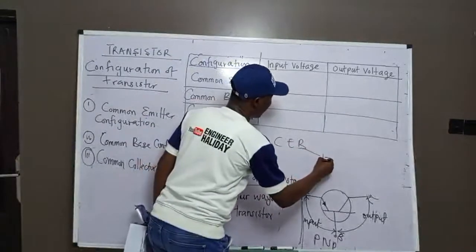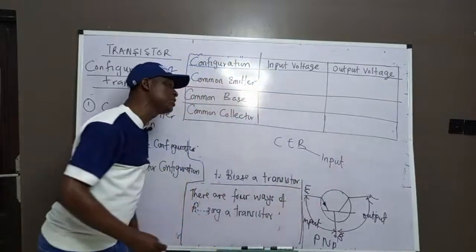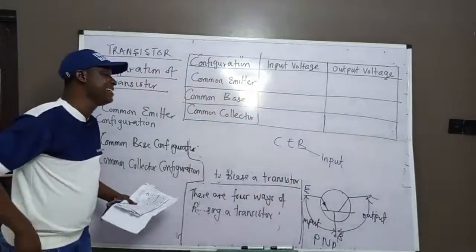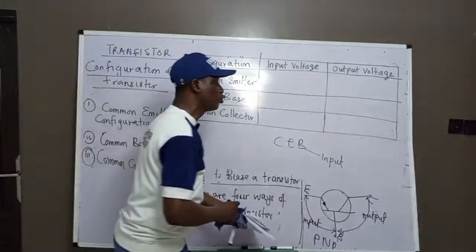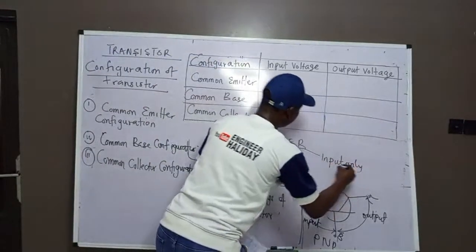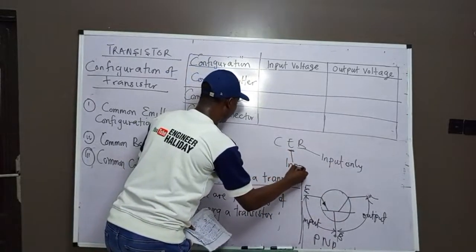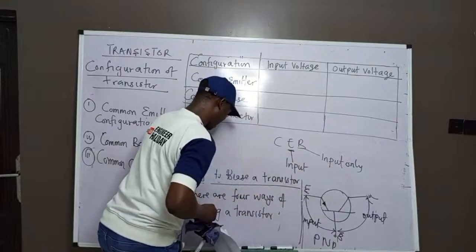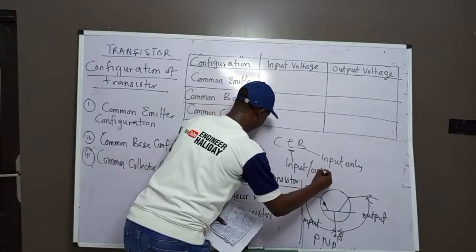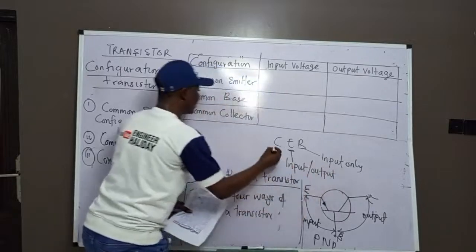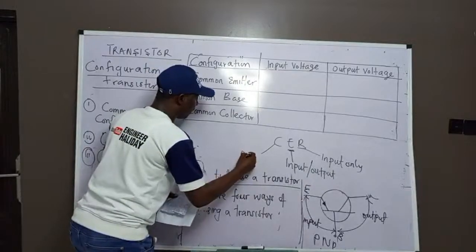This one can only act as input. Please take note of that. A base is between the collector and the emitter, and can only act as input. The emitter can act as both input and output. What about this one? It can act as output only.